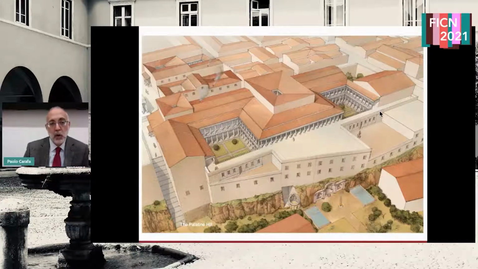Now, Octavian bought this house in year 42, more or less, and he stayed there for a number of years. Suddenly, in year 36, we know this thanks to the literary sources, a thunderbolt struck this house. Octavian was terrified by storms and lightning and thunder, but as he was a very clever politician, he turned such a terror to his own advantage.